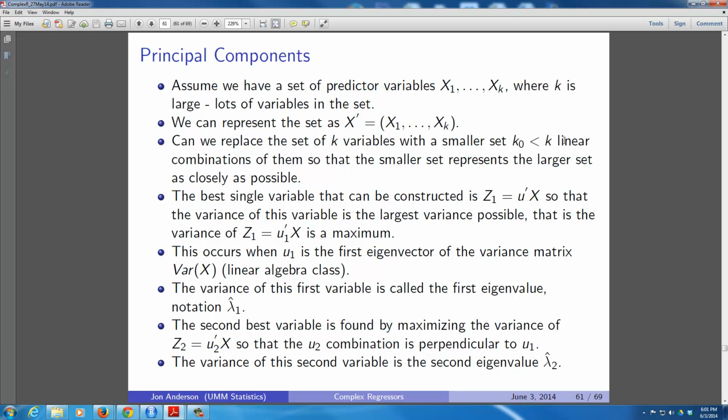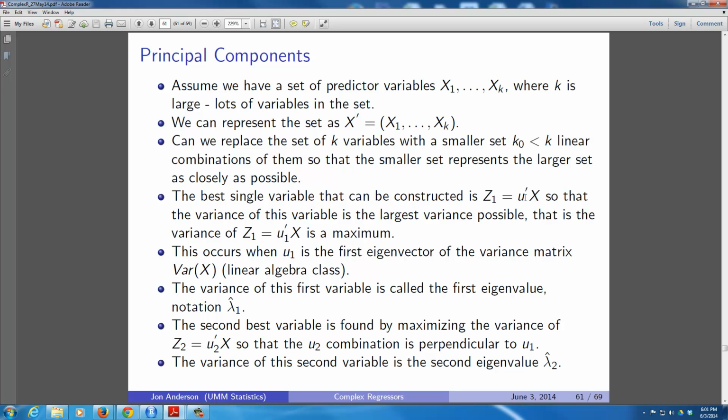Can we make linear combinations out of the original variables, sort of new variables out of the old ones, that basically summarize the situation sufficiently that we don't need to use the whole variable set, we use a subset? So the way we proceed is to make a single variable out of the original set. And the single variable is called Z1, and it's a combination of the original variables.